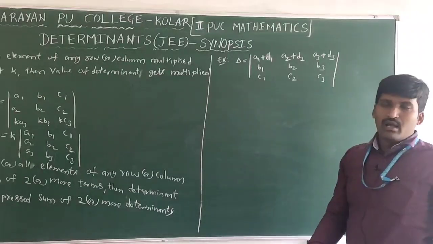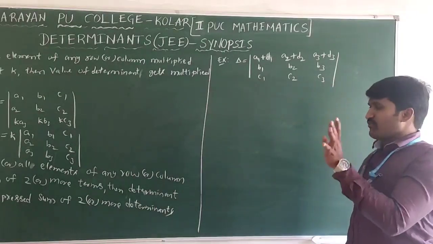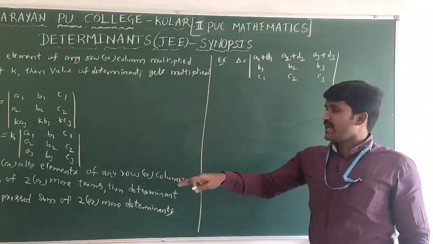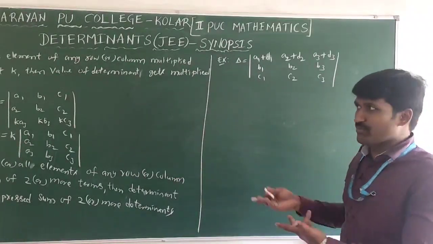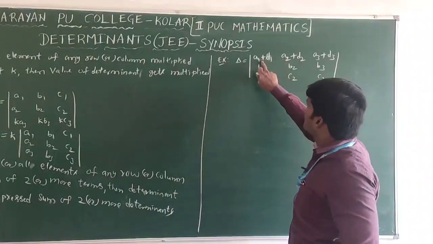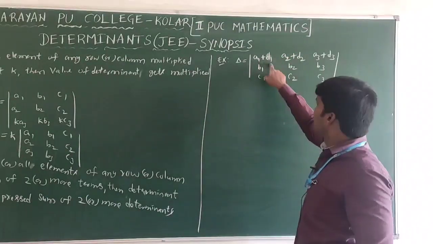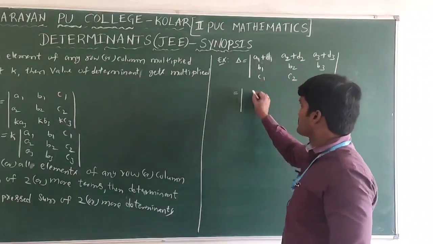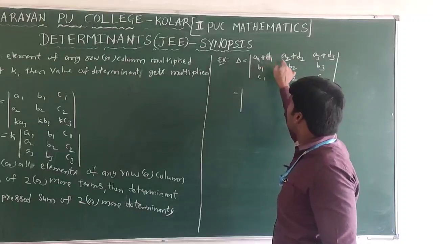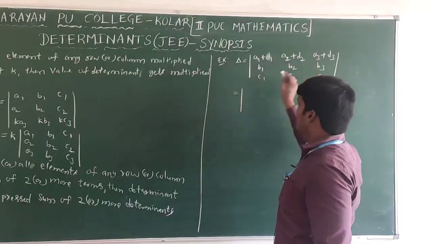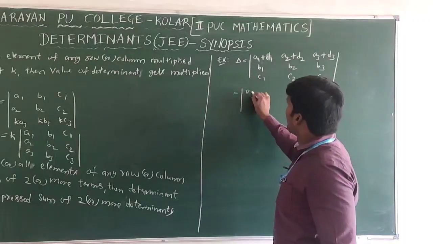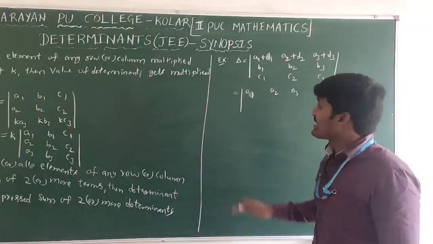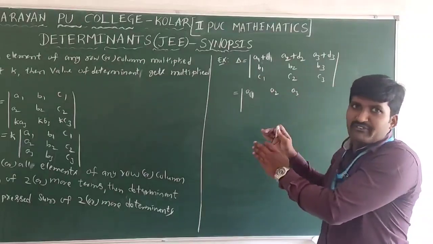Here, some or all elements of a row or column have a sum of two or more terms, so the determinant can be expressed as a sum of two or more determinants. Here, row 1 has a sum of two elements. This can be split into two determinants. How? In the first determinant, the first elements are A1, A2, A3. The second and third columns have single elements, which will be repeated for both determinants.